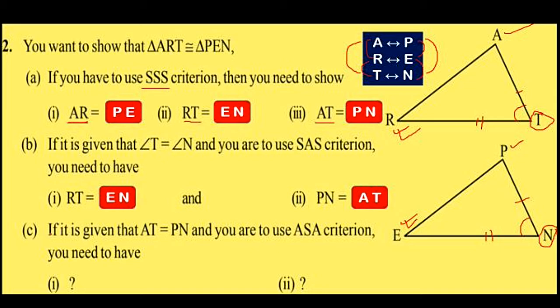Question number 2c. If it is given that AT is equal to PN, and you have to use ASA criterion, where sides are given equal, and I want to prove the angles equal. So what we need to have? Let us see the sides AT.